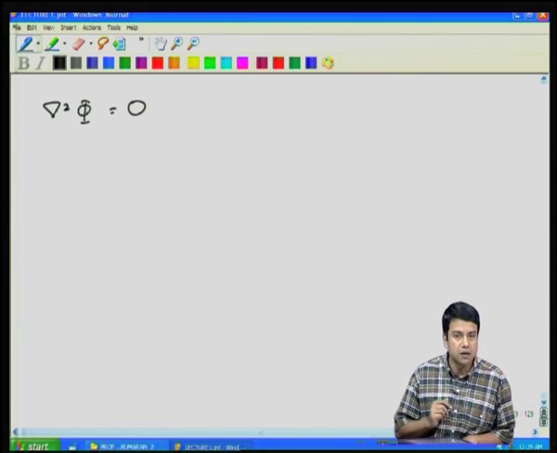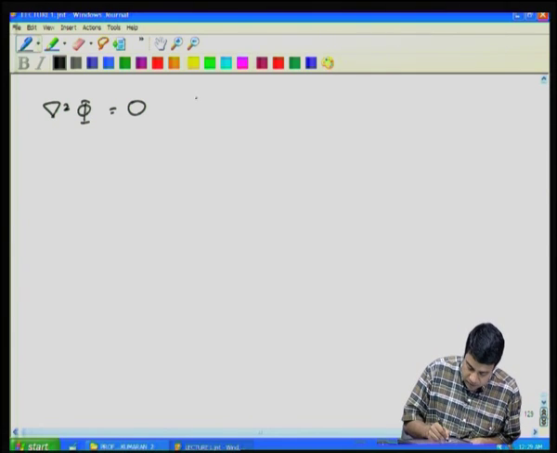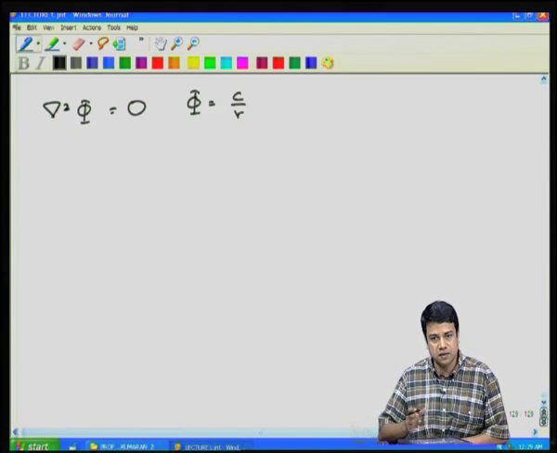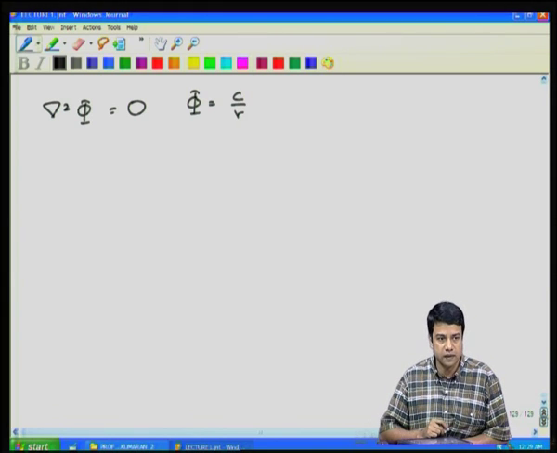I know one particular solution for this. If this is a scalar, then I know that I have a solution phi is equal to some constant divided by r, plus another constant. But we will just define this correct to one unknown constant, in the field. So, this solution I have.